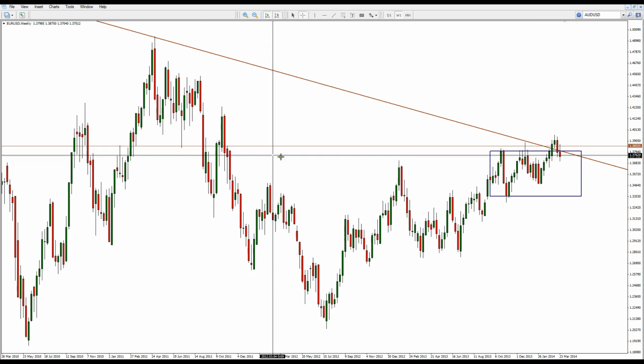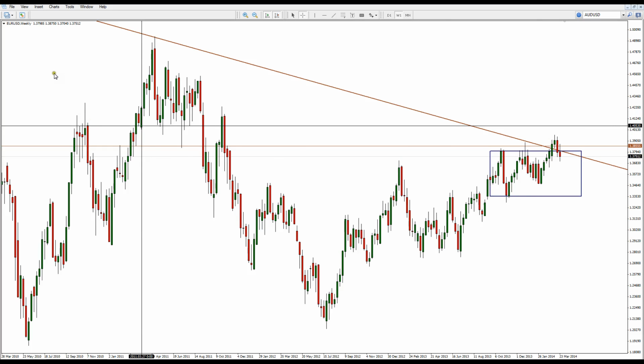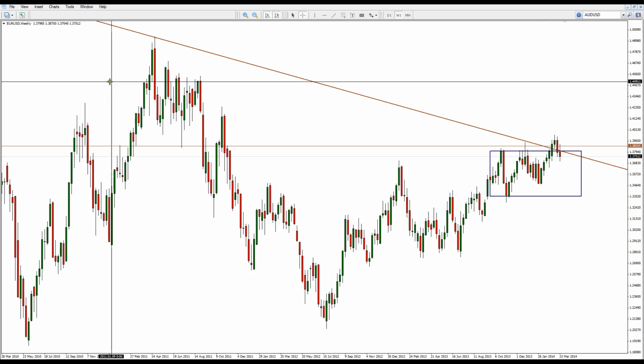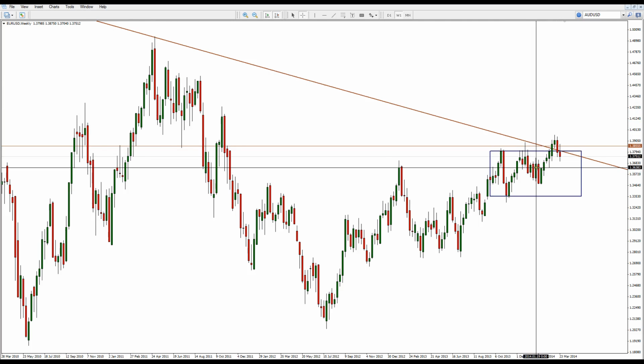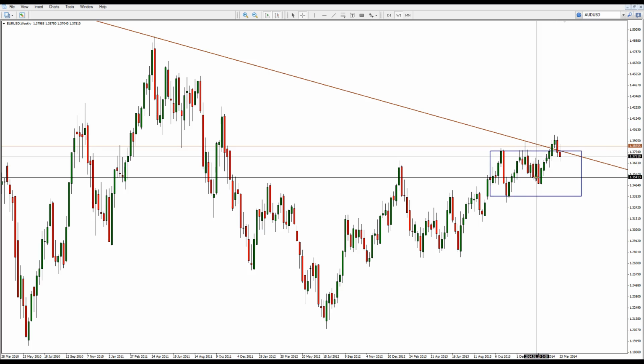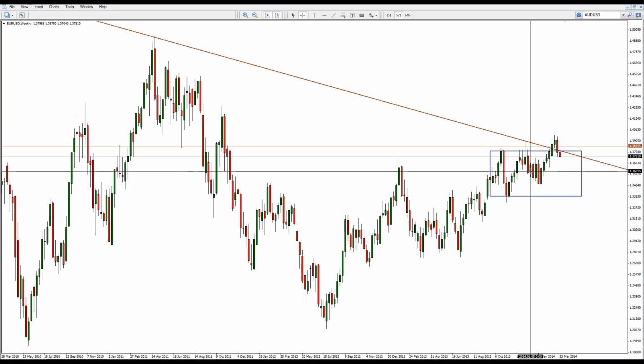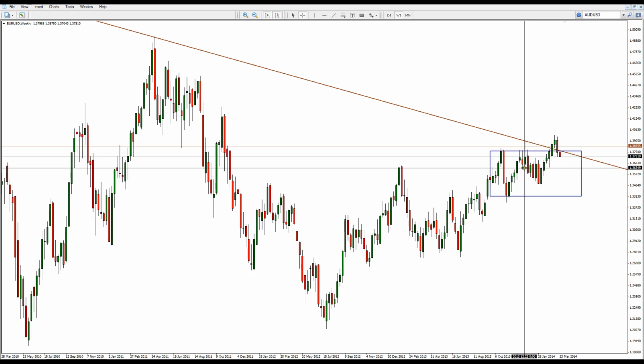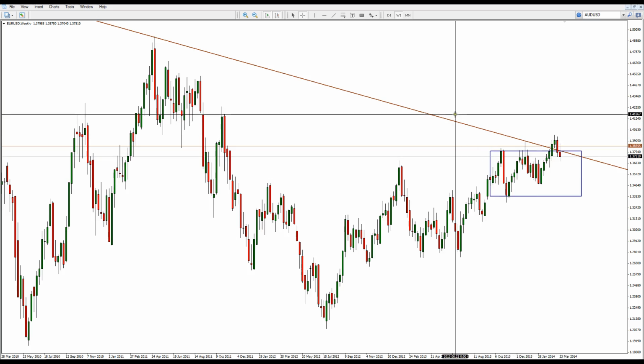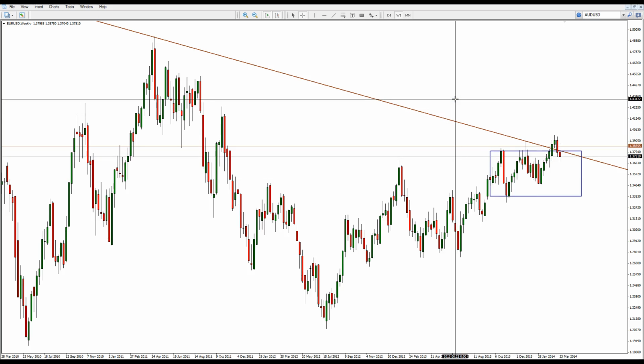Obviously it acted as support or resistance for this market structure, so obviously the level becomes very important within the range market.